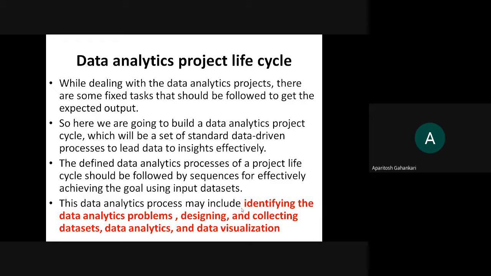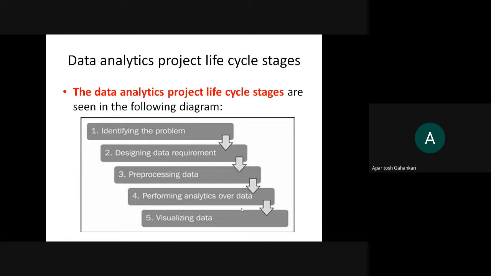So in summary, these are the 5 steps. If we follow these 5 steps in a proper manner, then the required output can be gathered through this particular aspect of data analytics.